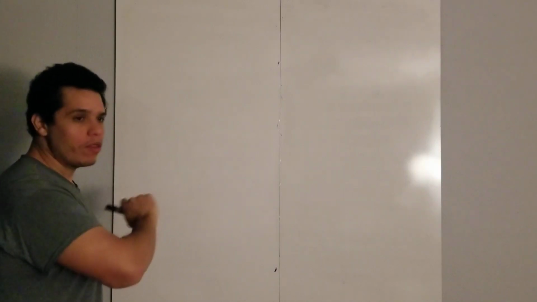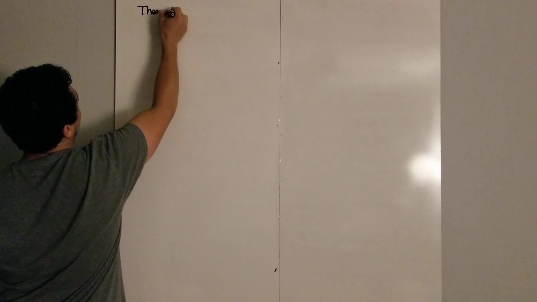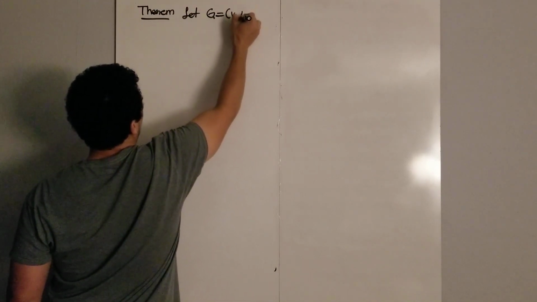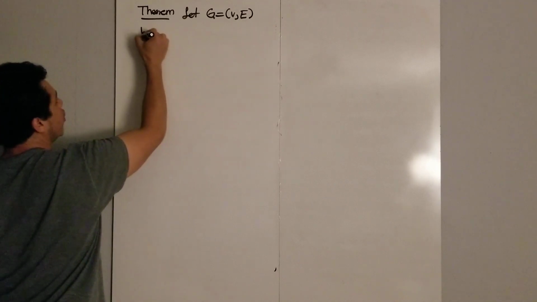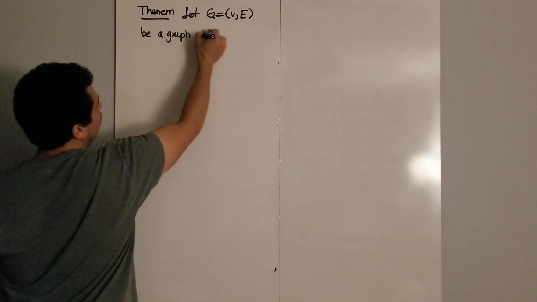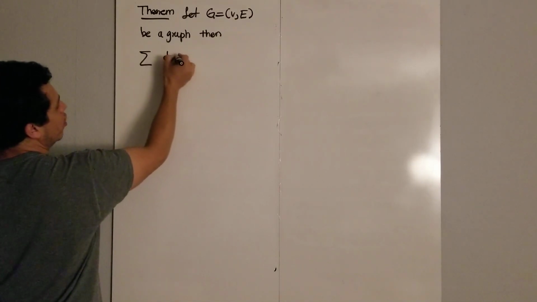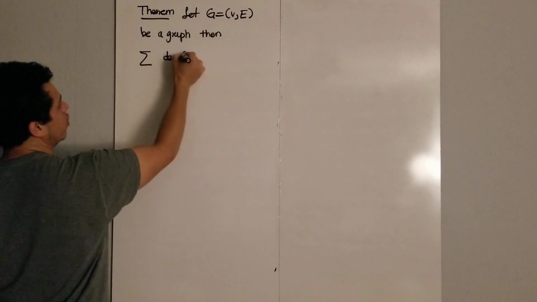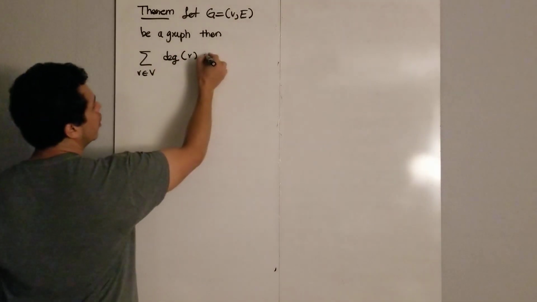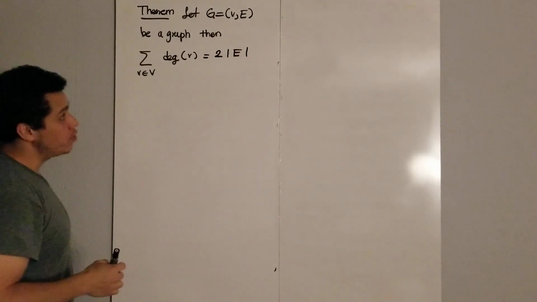So, one theorem. Let G, as a tuple, be a graph. Then the sum of the degrees of the vertices is equal to twice the number of edges.